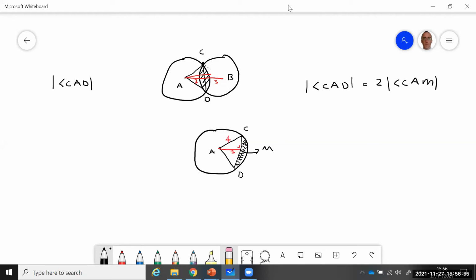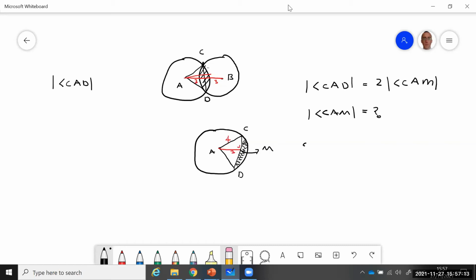Okay. So, just so, what is the measure of angle CAM? Well, that's what we're looking for.